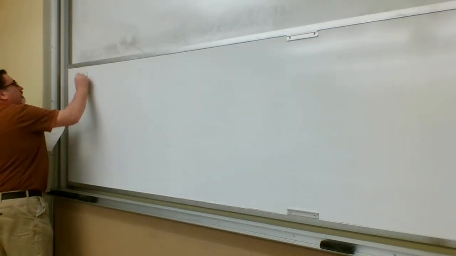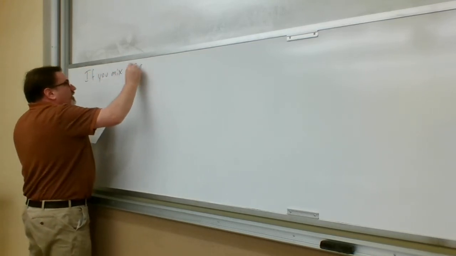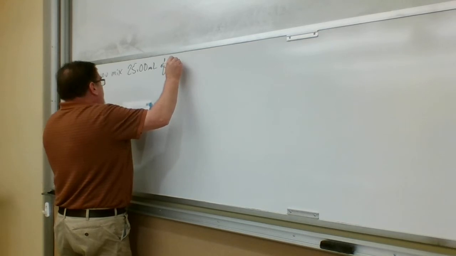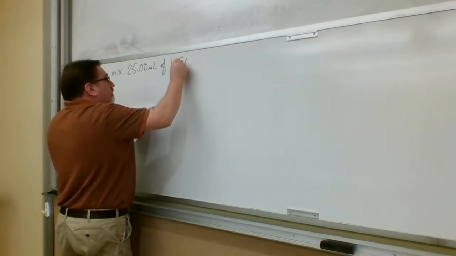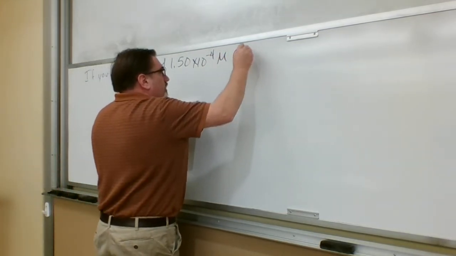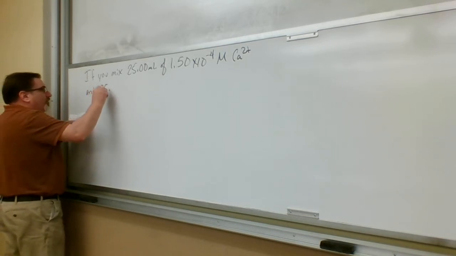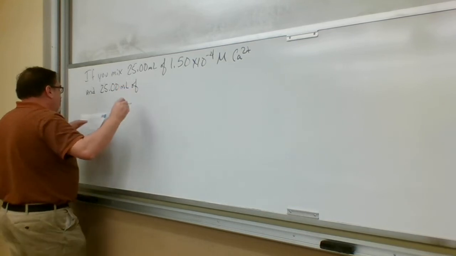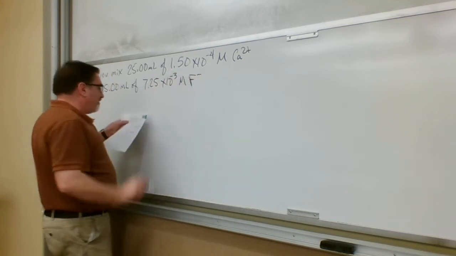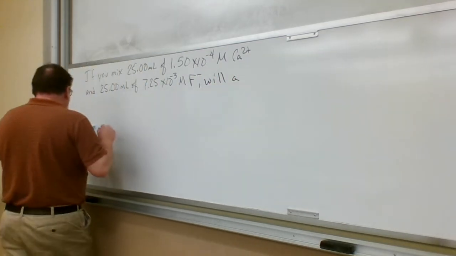If you mix 25.00 milliliters of 1.50 times 10 to the minus fourth molar Ca2+ and 25.00 milliliters of 7.25 times 10 to the minus third molar F minus, fluoride ion, will a precipitate form?